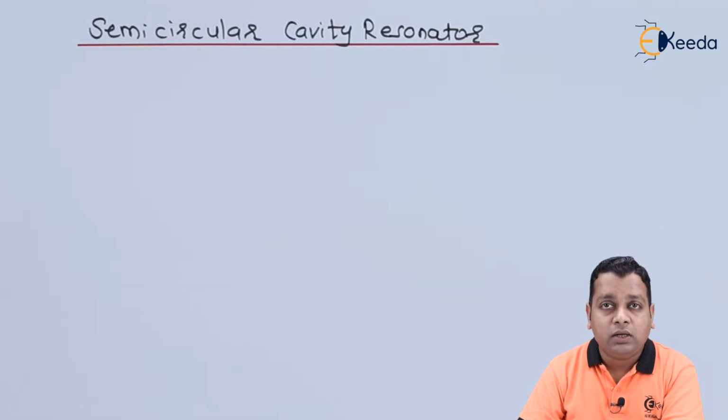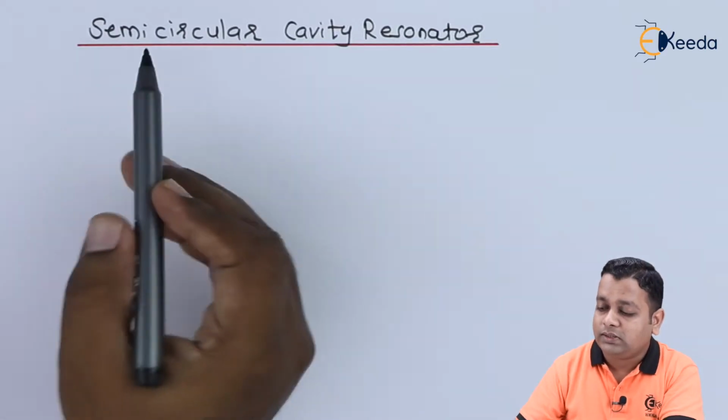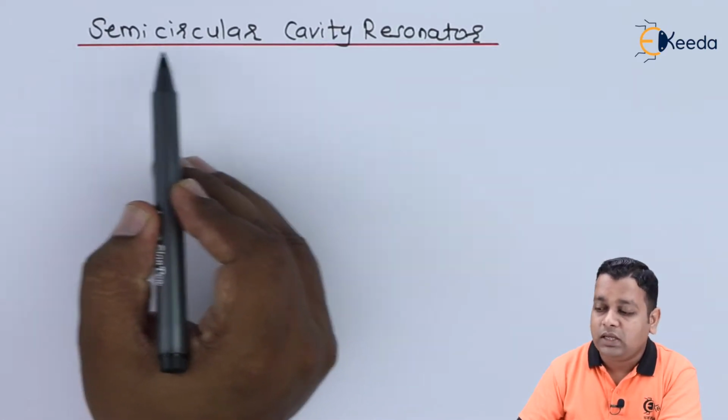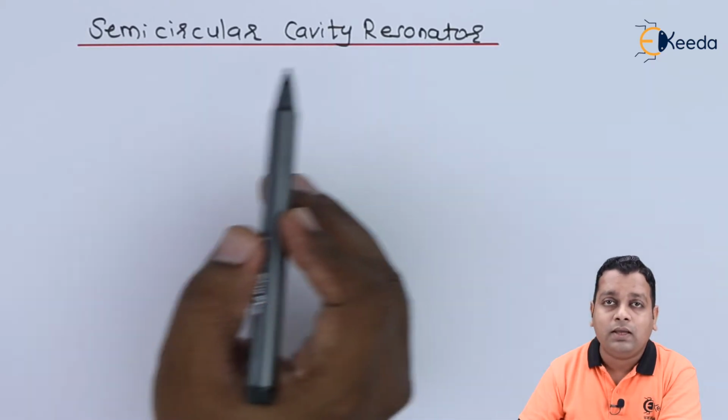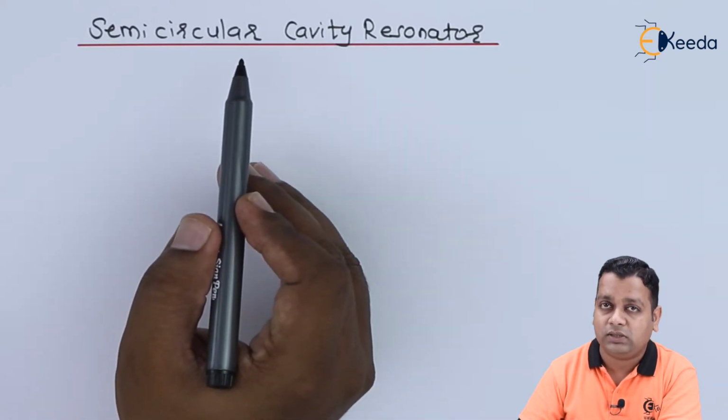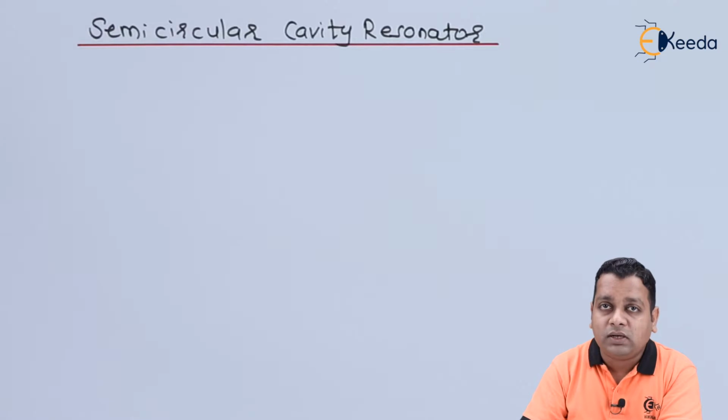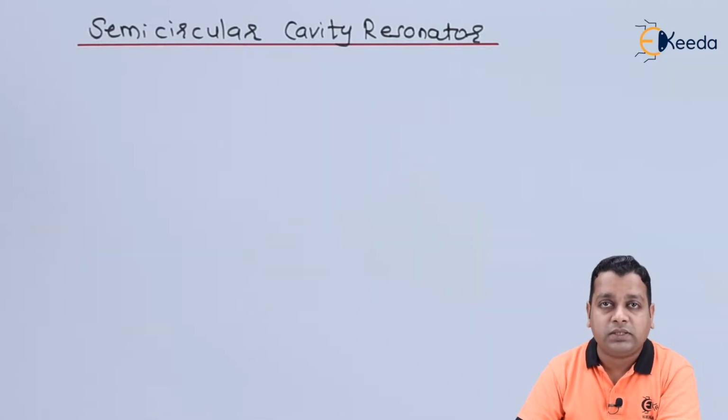In the circular cavity resonator or circular waveguide, the cross section is a complete circle. So if the name is semicircular cavity resonator, its cross section is a semicircle. The two semicircles when combined give us a complete circle.